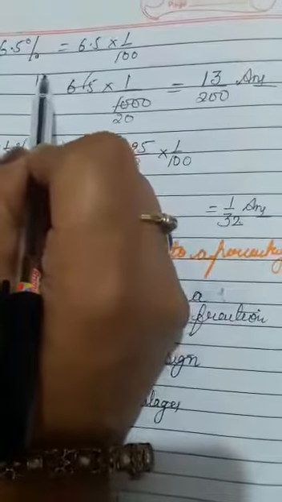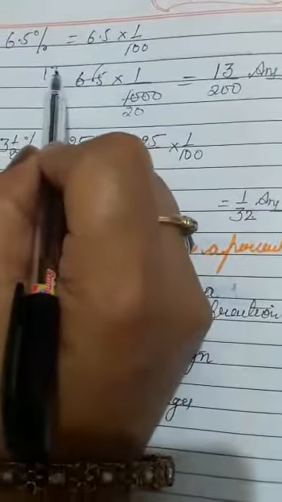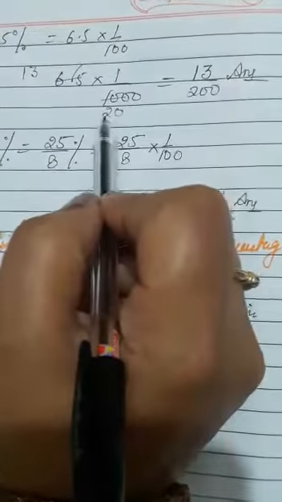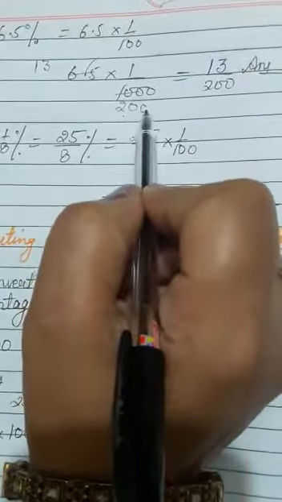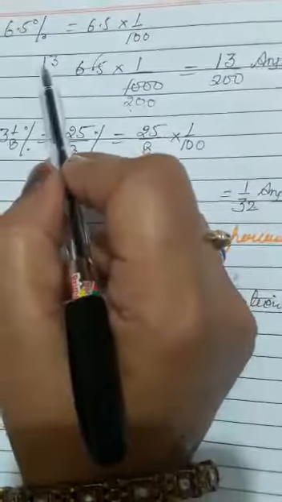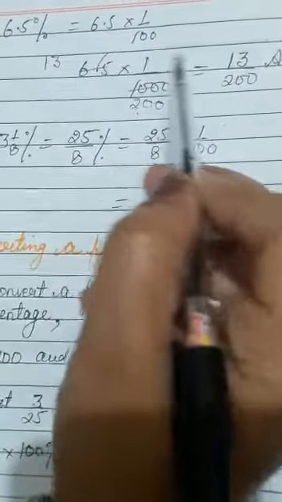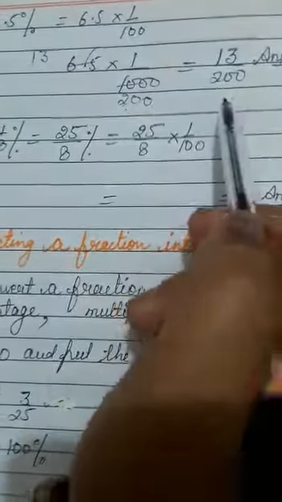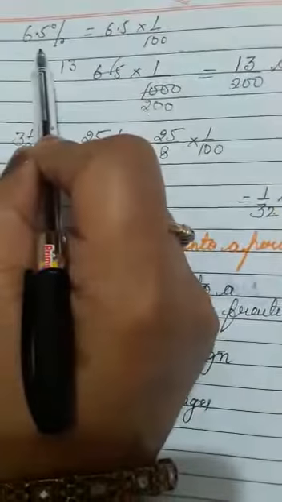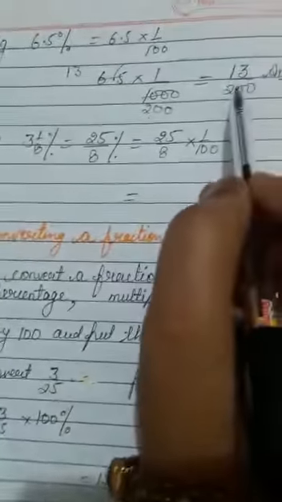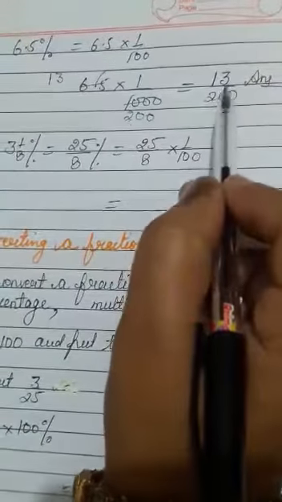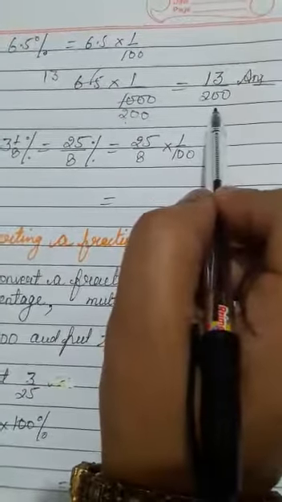Then you will cancel: 5 into 2 is 10, 5 into 13 is 65, 13 into 1 is 13. So 13 upon 200. So 6.5% when converted into fraction form comes to 13 upon 200.